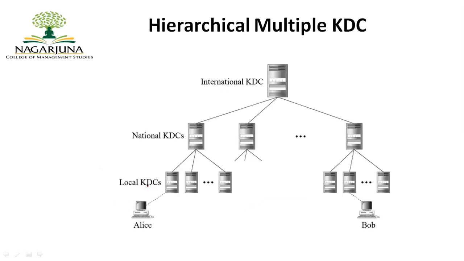The next one is the hierarchical multiple KDC. A hierarchical multiple KDC system basically has one or more KDCs at the top of the hierarchy. Let us take an example.